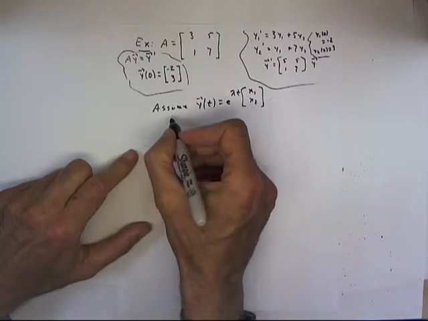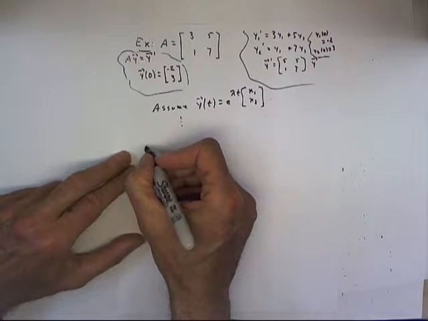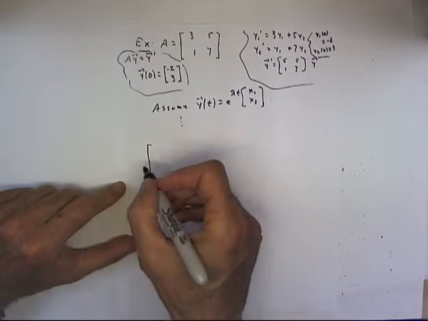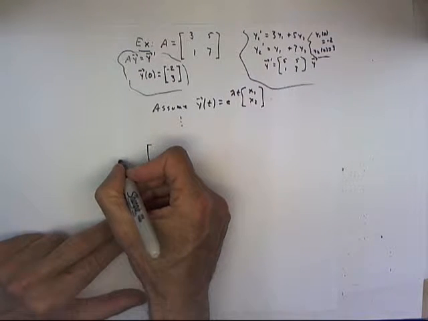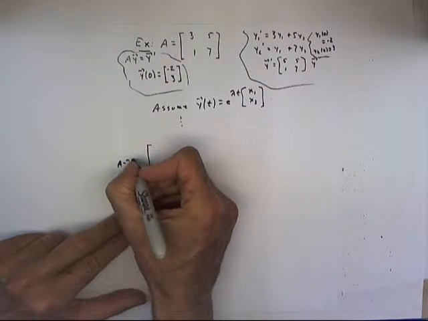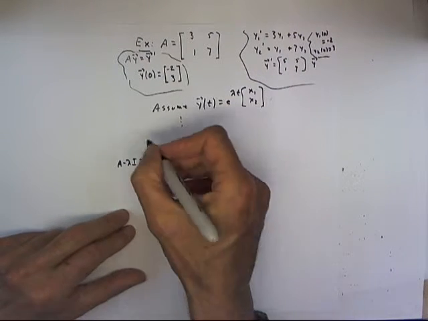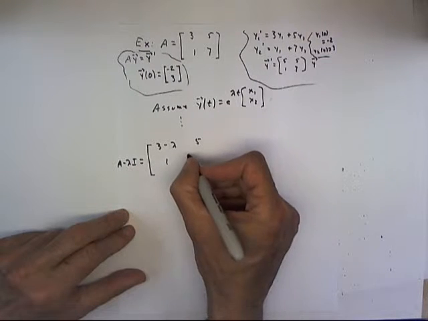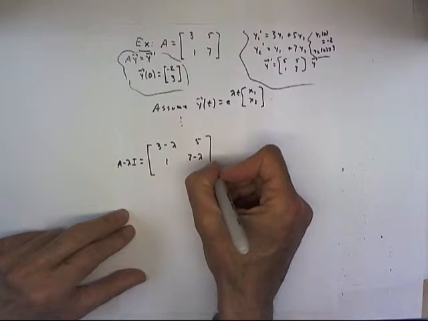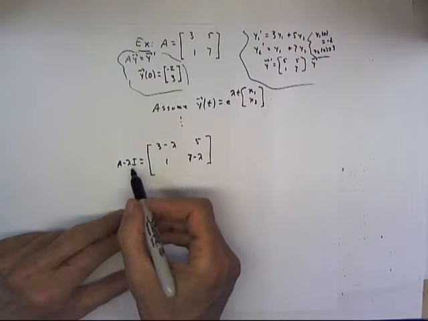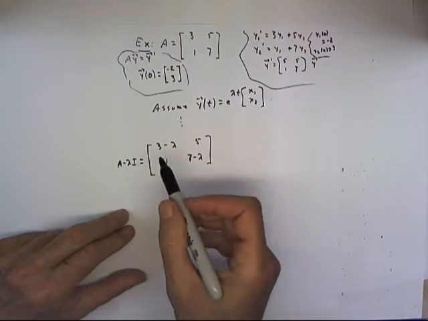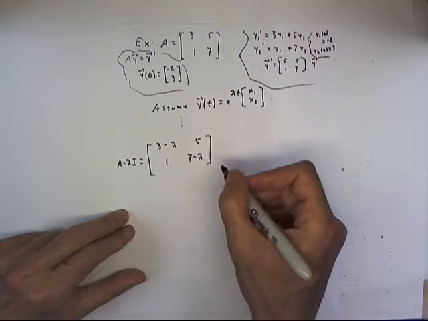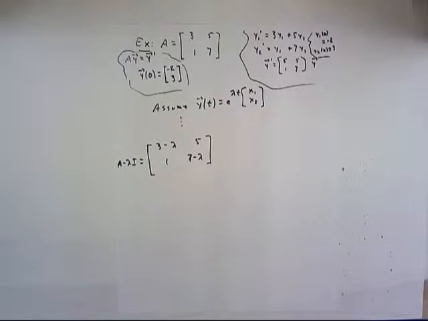And that leads us to the matrix A minus lambda I, and that matrix is going to be 3 minus lambda, 5, 1, 7 minus lambda. Be sure you understand why, if you subtract lambda I, where I is the 2 by 2 identity matrix, from this, you get this.